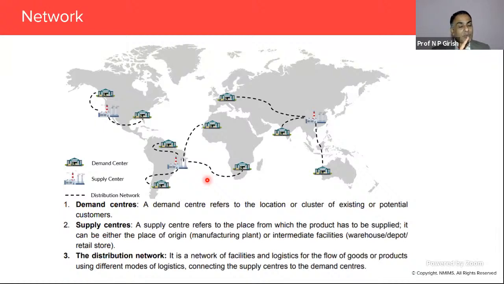For the finished good, right? Now they are a demand center for raw material. Clear? So a supply center can have different routings as well. The flow can also be more upstream, from a supplier to the demand center, which makes it and supplies it further down.